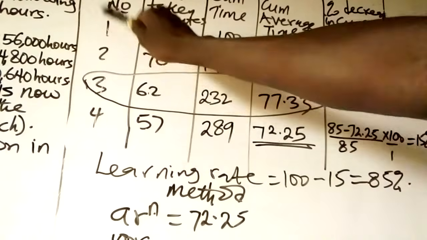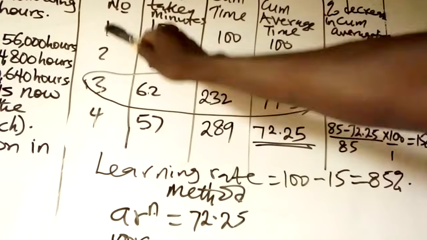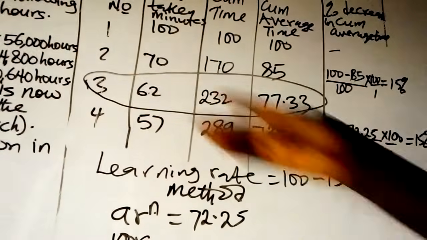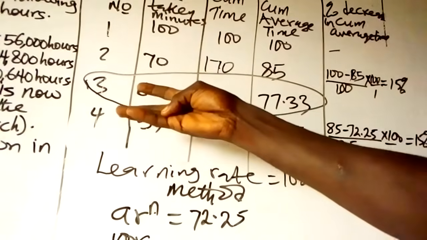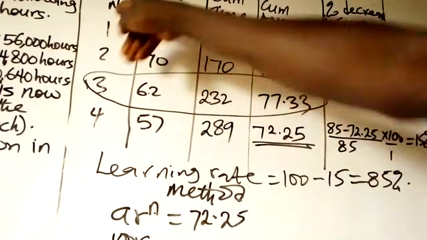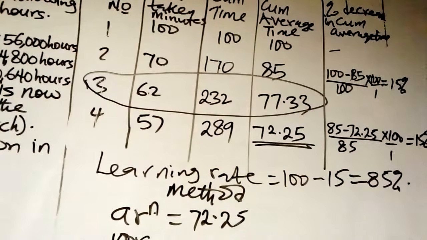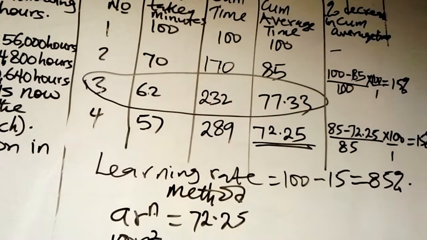So if you double 1, 1 times 2, that will be 2. That is the first time. If you double 2, 2 times 2, 4. That means it will be doubled 2 times to obtain this 4. So our n is 2. Our A is 100, R raised to power 2 equals 72.25.